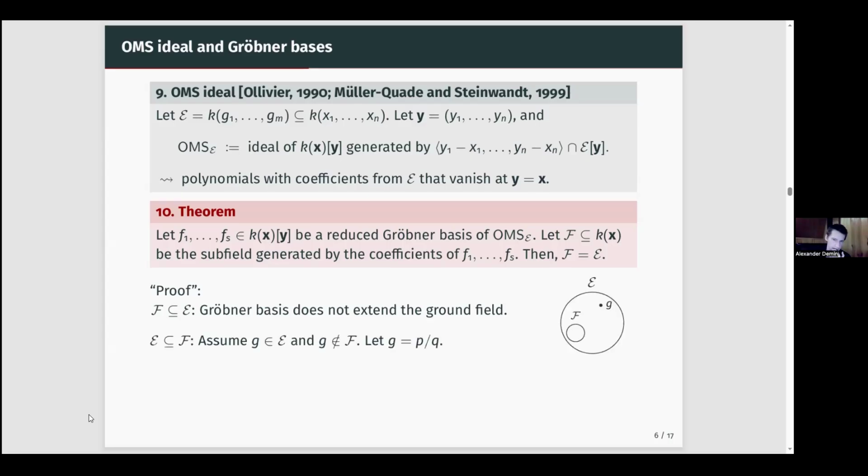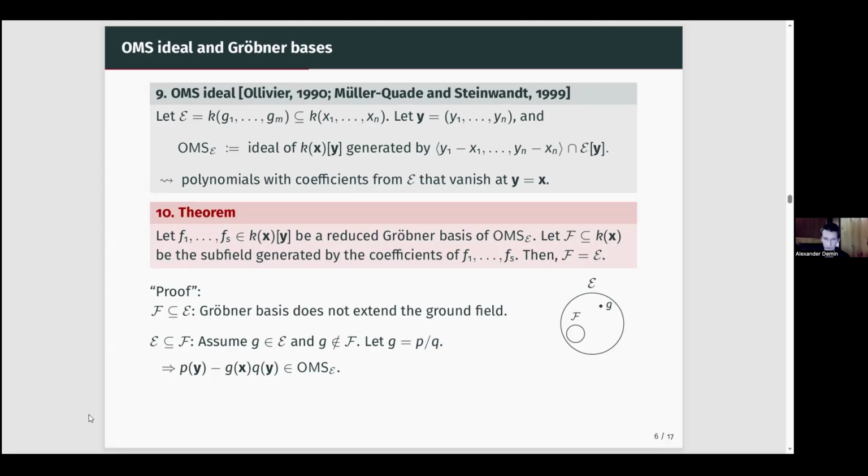Now, in the opposite direction, let's assume that those fields are different. Then pick one element that is in our original field but not in the coefficients of the Gröbner basis. Let it be g. All right, so we pick this g.